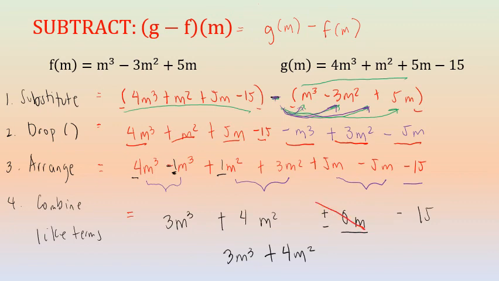Hence, we have a zero property, wherein any number multiplied to 0 will give us 0. So, automatic tanggal na yan. Then, since natanggal na yon, we are left with negative 15. So, our final answer on this example will be 3m cubed plus 4m squared minus 15.